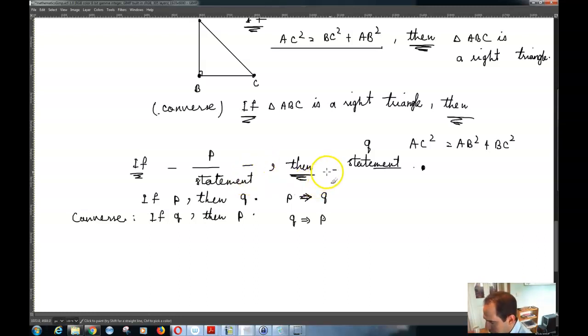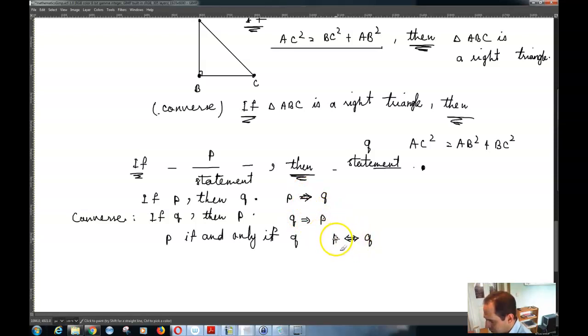So in order to explain this situation in fewer words, you can say P if and only if Q. You write this as P if and only if Q, and you need to pay attention that this is a double-headed arrow.